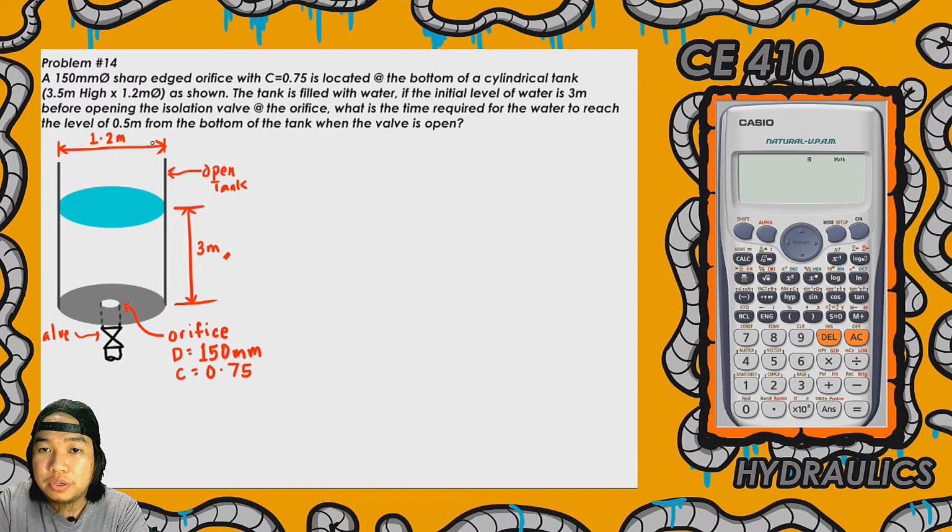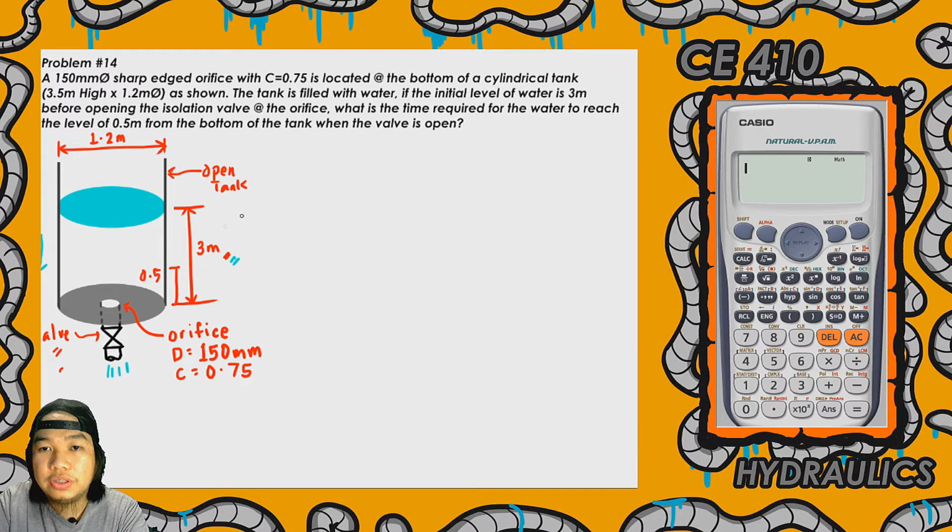So ngayon, ang tanong, what if buksan natin tong isolation valve? So since binuksan natin to, ang mangyayari ay magdi-discharge tayo ng water dito sa opening at yung head natin initially is 3 meters ay bababa siya. At kailangan daw nating ma-reach yung height na 0.5 meters.